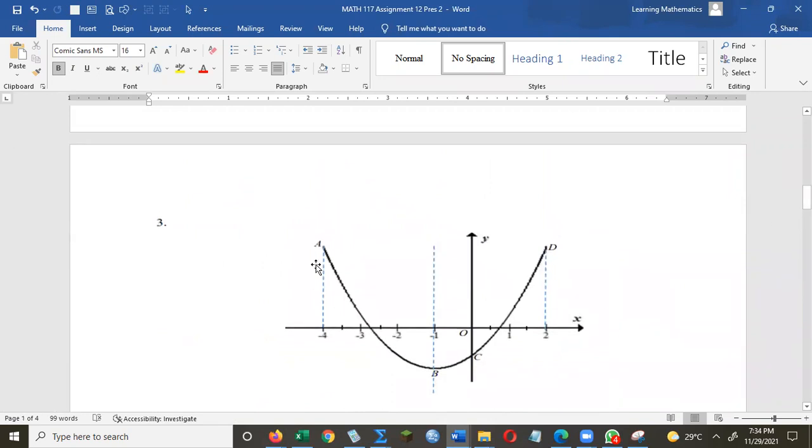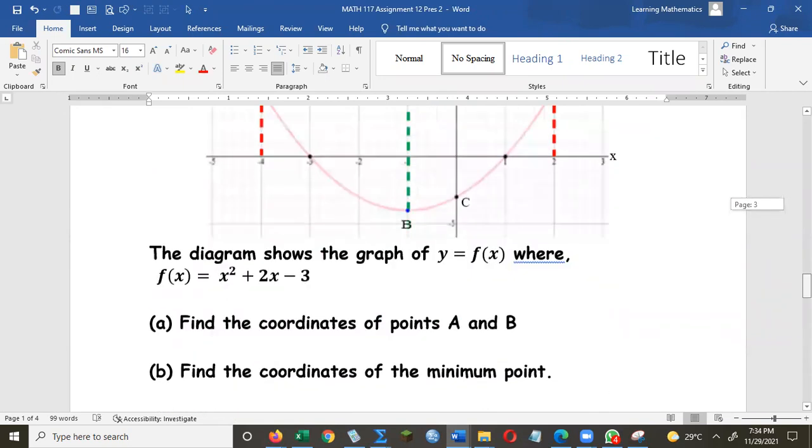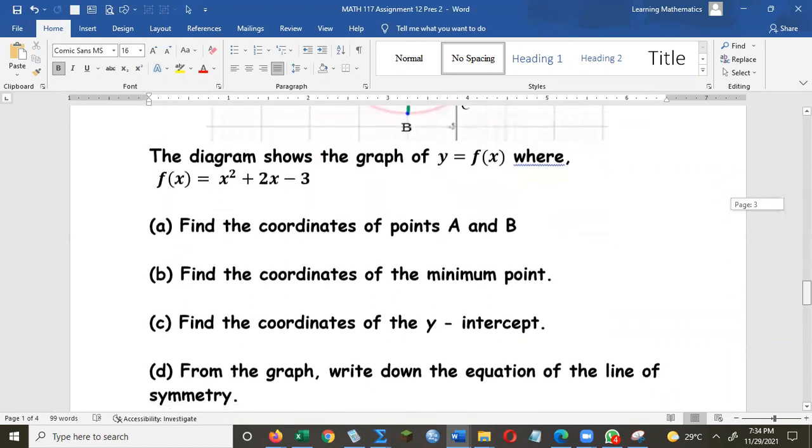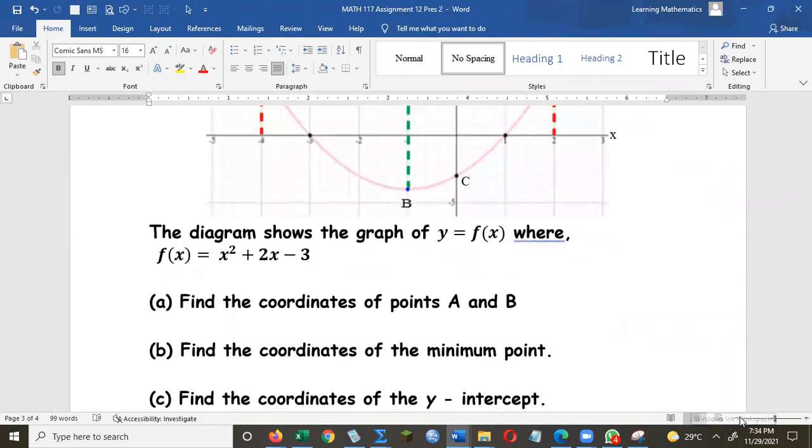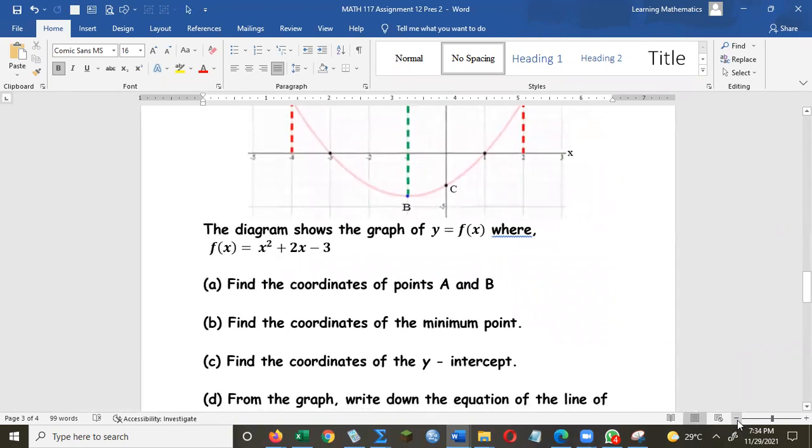Many to 1: negative 4 and 2 go to the same number, many go into 1. That's basically what is going on with this example on quadratics.